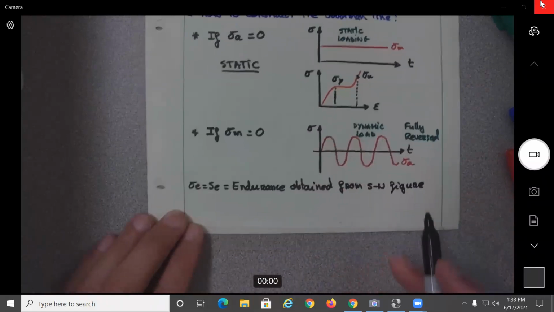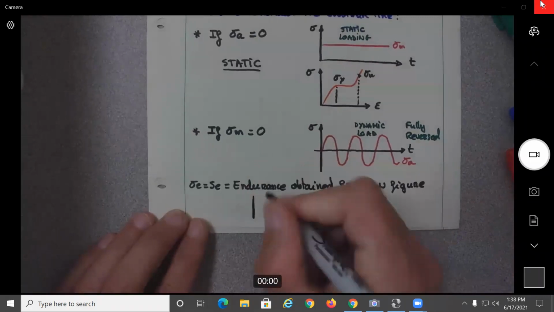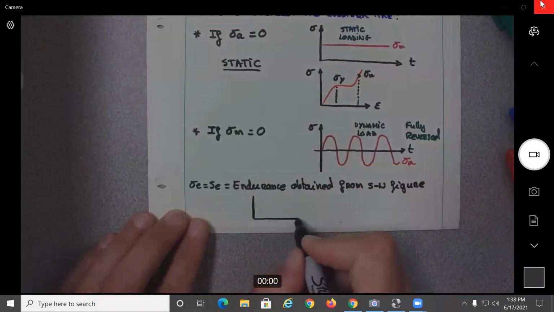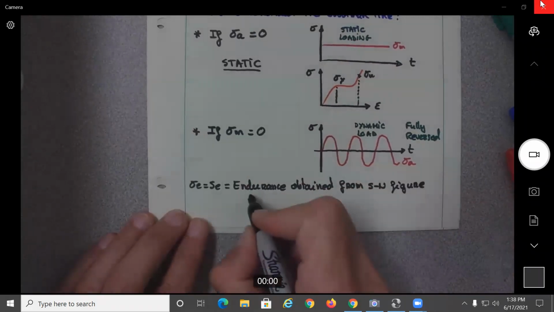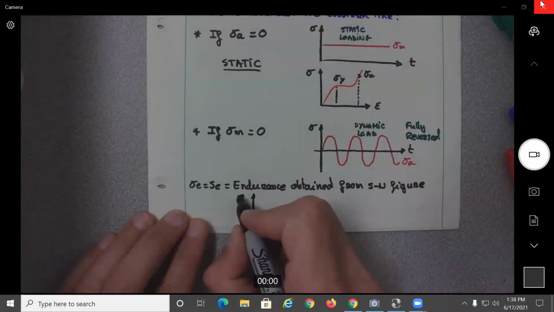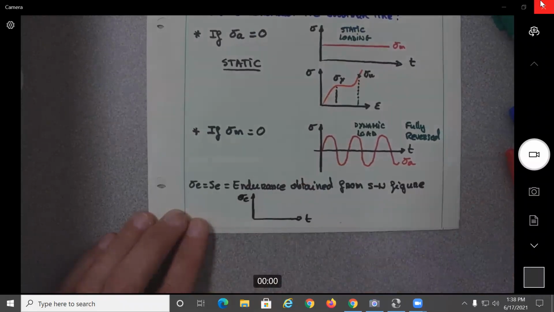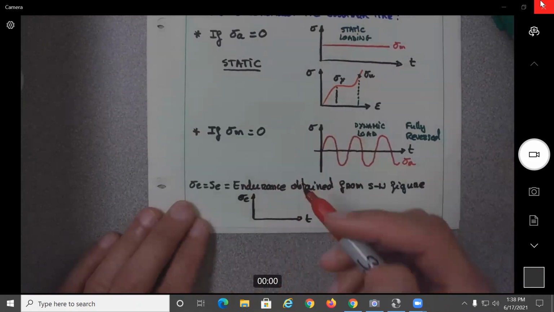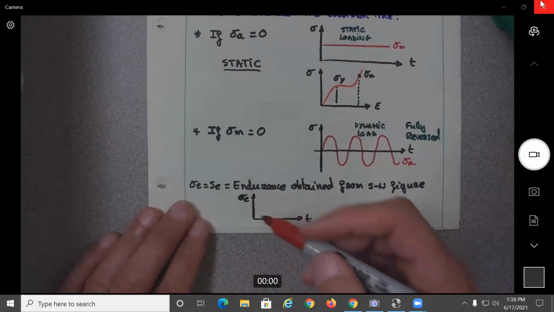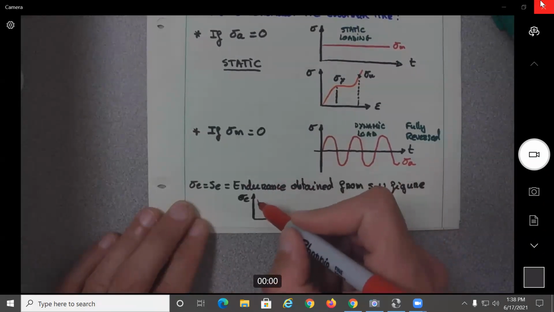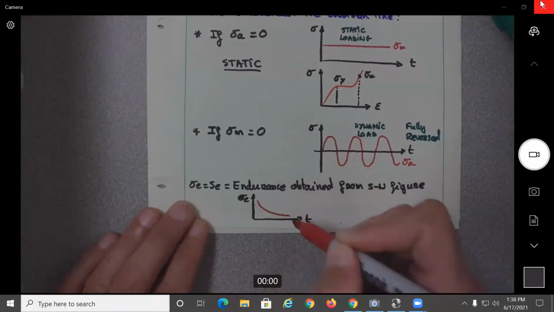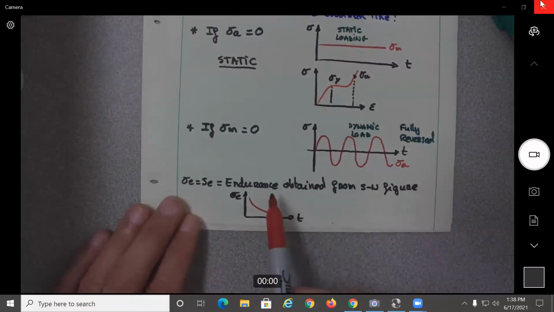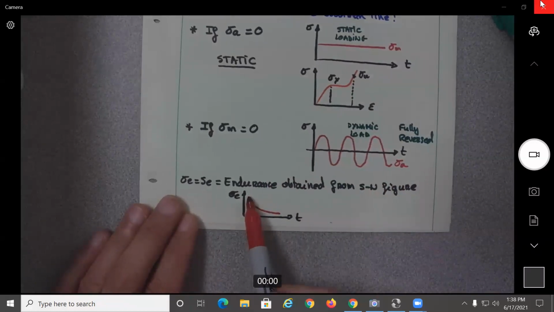Stress versus cycles. So for example, you have a structure subjected to a load. If you do that on a logarithmic scale, it's going to give you a straight line, but otherwise it will give you a line like this. So meaning that if you apply the load only once, probably it's going to break at the yield value, no? If you apply the load multiple times, it's going to fail sooner.